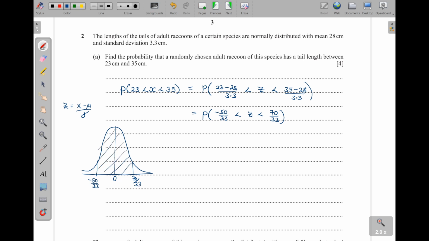So we want the probability in between here. That means I can get the probability of less than this one, then minus less than this one. Okay, so we are going to have probability of z less than 70 over 33. Then we subtract probability of z less than negative 50 over 33.